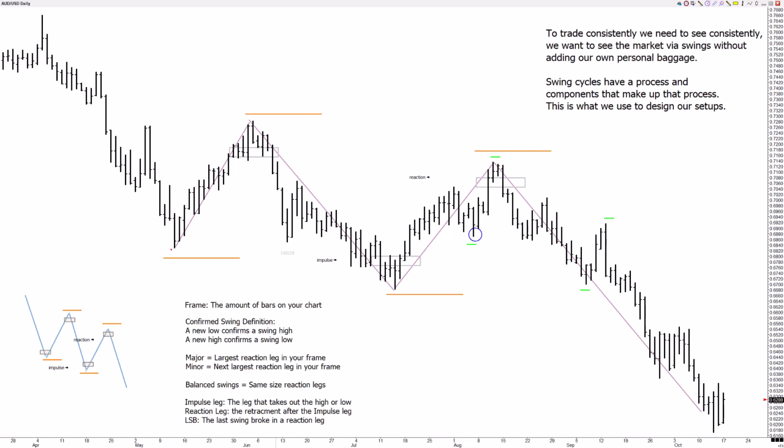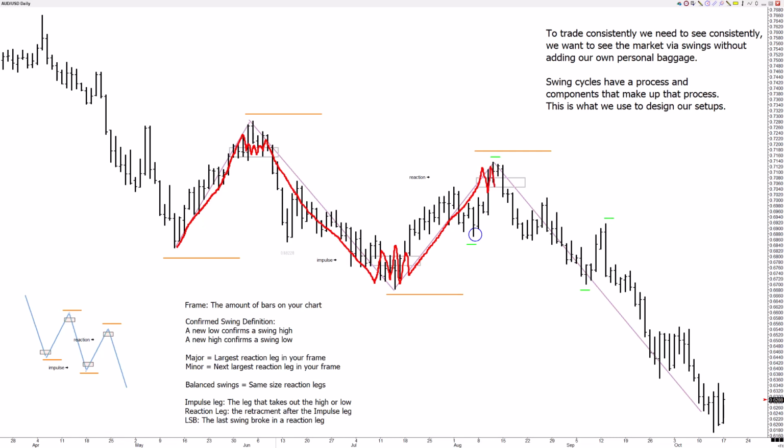There's going to be a process. For instance, we're going to have a reaction leg. At some point, that reaction leg will slow down and break and turn into an impulse leg. That impulse leg at some point will slow down and then turn into another reaction leg.